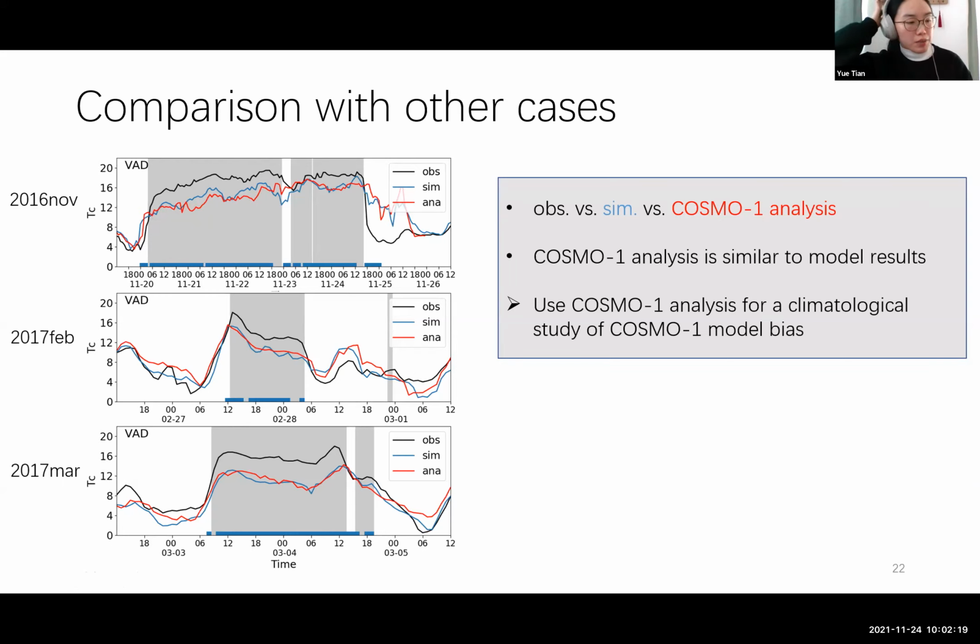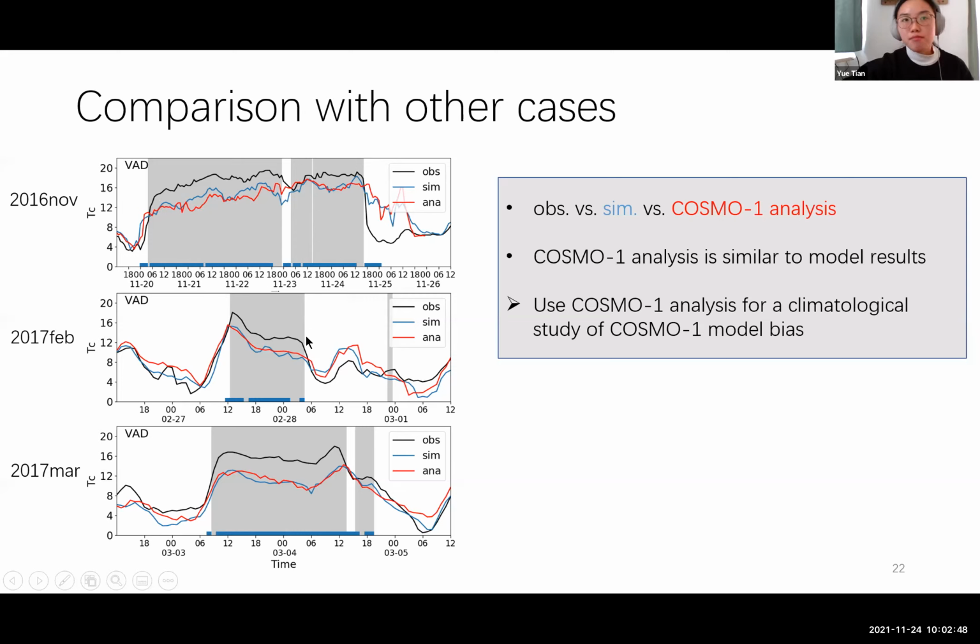As far as we know, the Cosmo 1 analysis didn't assimilate the temperature. Well, it only assimilated the surface pressure, dew point temperature and the sounding data. So it's not a big surprise that in terms of temperature, we have this very similar pattern between Cosmo 1 analysis and the Cosmo model during foehn.